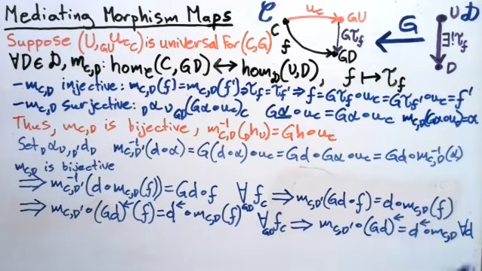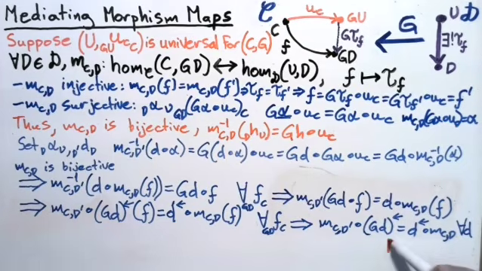Now, if we take all of these equations together for all D, what does this tell us? Well, it tells us something really important, actually, right? What was the context where we previously talked about follow by morphisms and precede by morphisms? It was in the context of home functors, right? Covariant and contravariant home functors. So for example, follow by D is what? It's the image of D under the covariant home functor, home U blank, for example.